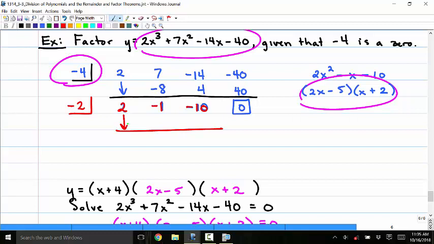If I drop it down, 2 times negative 2 is negative 4. Negative 1 plus negative 4 is negative 5. Negative 5 times negative 2 is 10. Negative 10 plus 10 is 0.